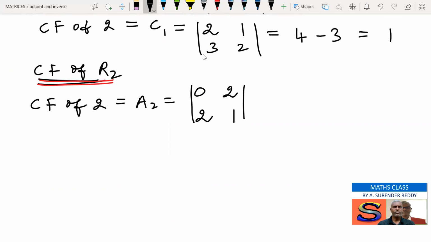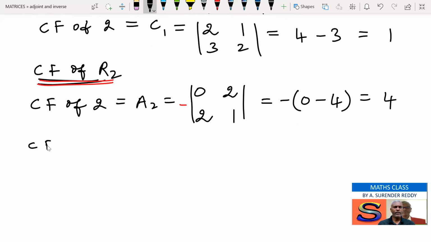So minus of 0 into 1 minus 2 into 2, that is minus into minus, plus, this is plus 4.